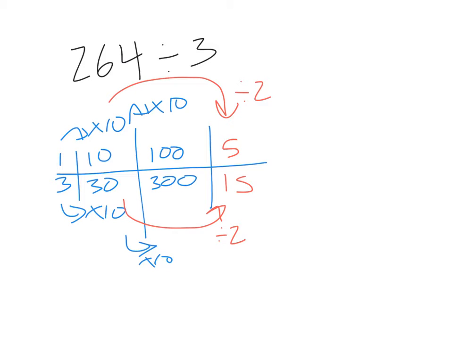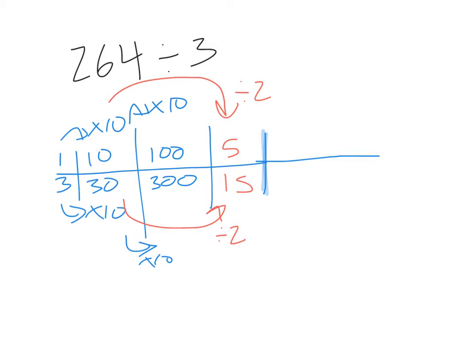Now, I know that I can get closer to 264 by subtracting on my ratio table.